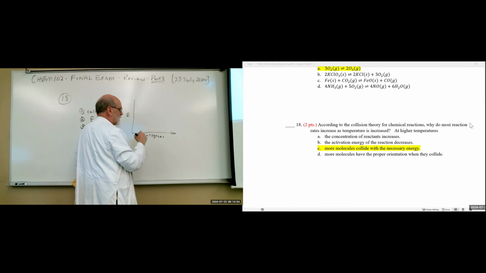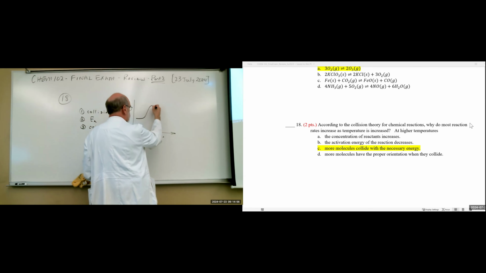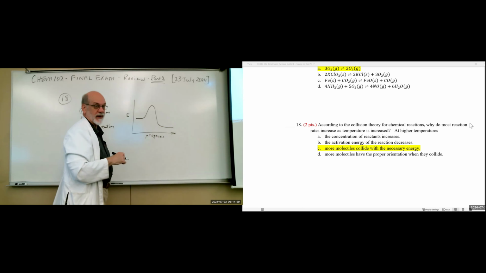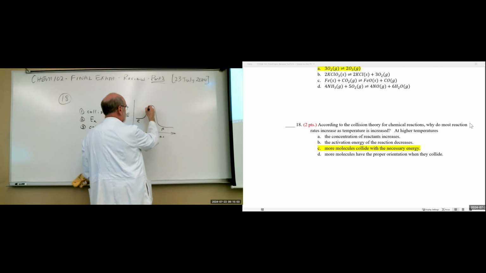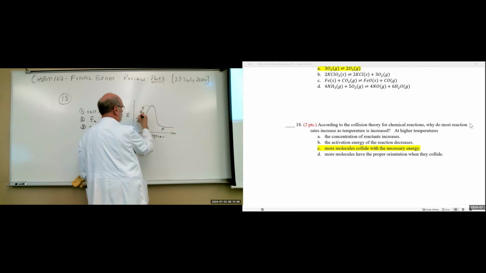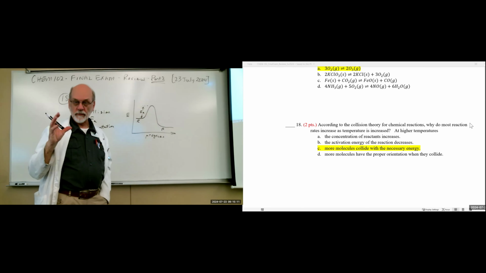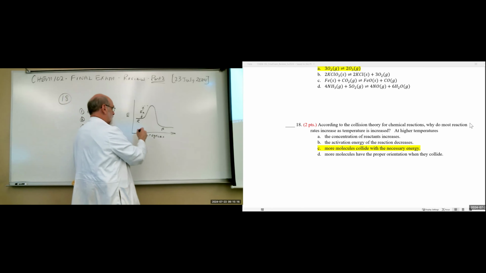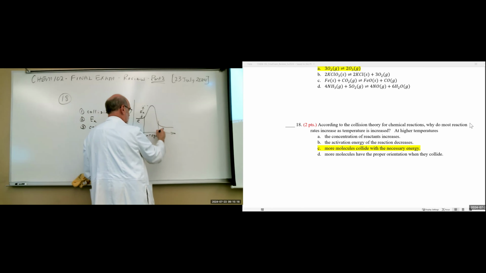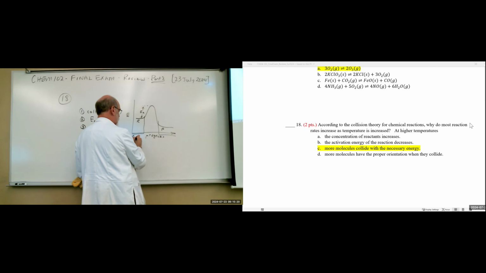So if we want to speed up the reaction, what part of this are we talking about? If these are reactants and these are products, this is here, activation energy, right? So what part of this diagram are we talking about with rates? This part over here and here is equilibrium.